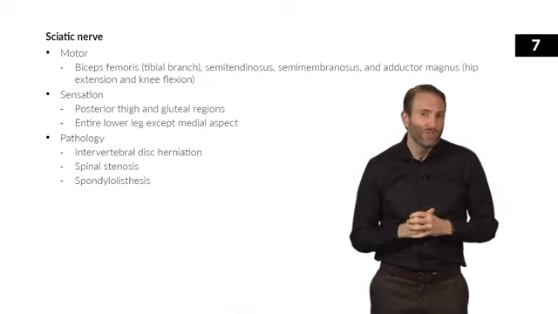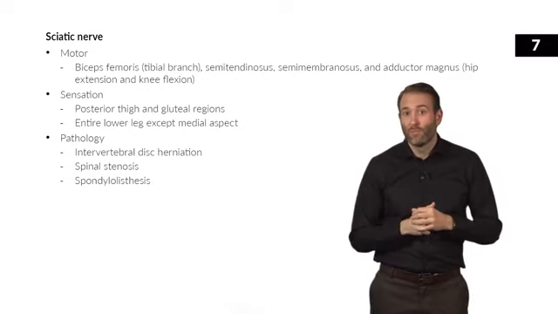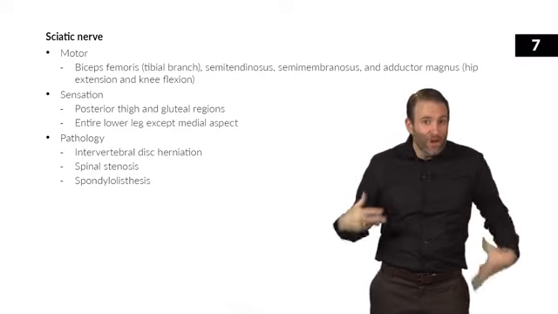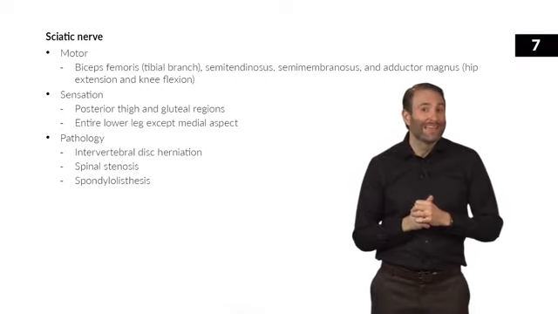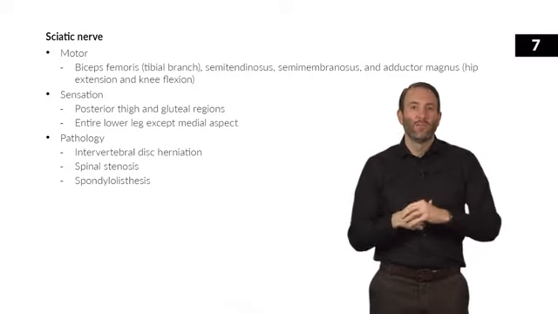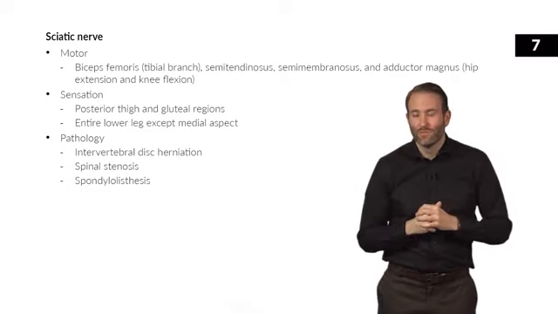Intervertebral disc herniation, spinal stenosis, spondylolisthesis can all cause compression of the sciatic nerve, which leads to pain in the lower back, the buttock region, and then pain is going to travel down the leg. Now, remember, the famous straight leg test where you're having people lay down, lift your leg up straight, is often very helpful in the diagnosis with this one.